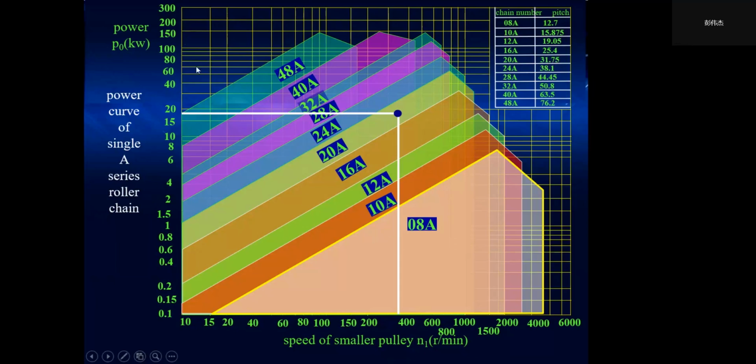So if we know the power and the speed n1, we can obtain the point, and then we can select the chain number.